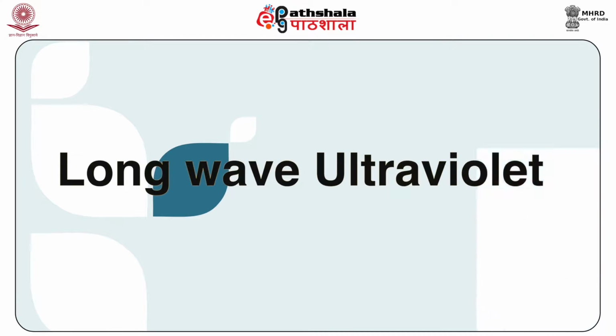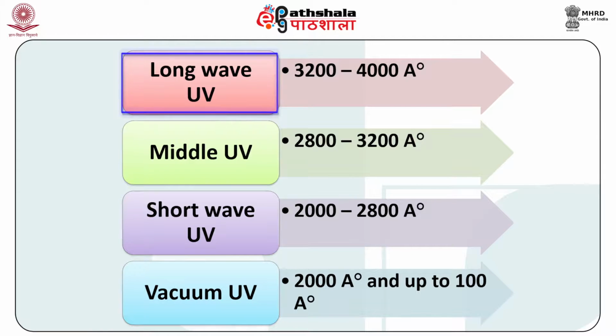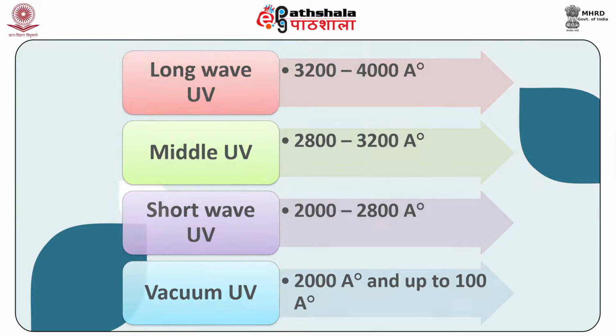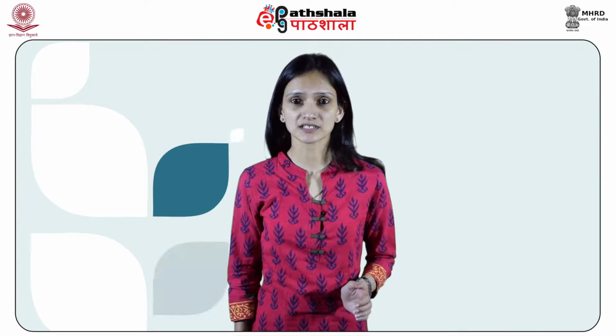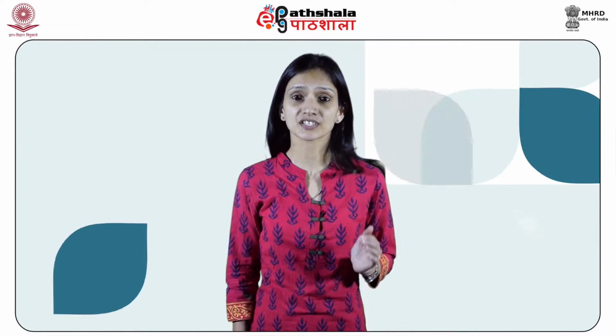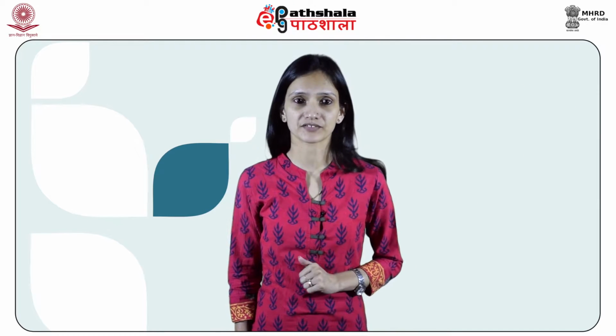First, long wave ultraviolet. It extends from 3200 Angstrom to 4000 Angstrom. This is the range transmitted by regular optical glass, of which most photographic lenses are made. This range is of most practical value in ultraviolet photography.